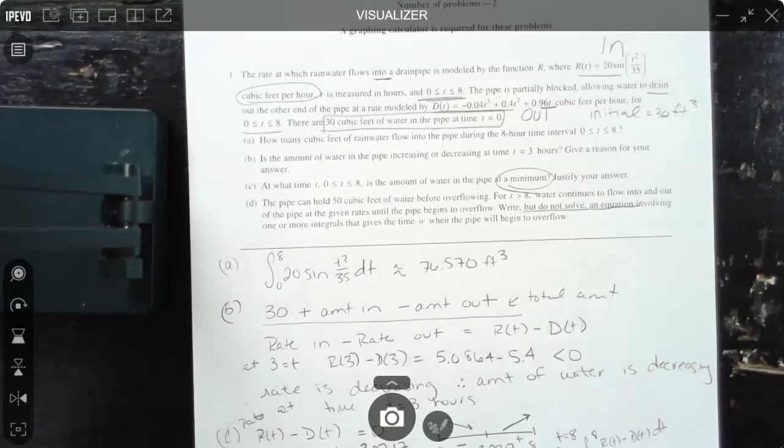Are you in radians or degrees? If you were in degrees, it gave you the complete wrong answer. But you didn't get D of 3 being 5.4.